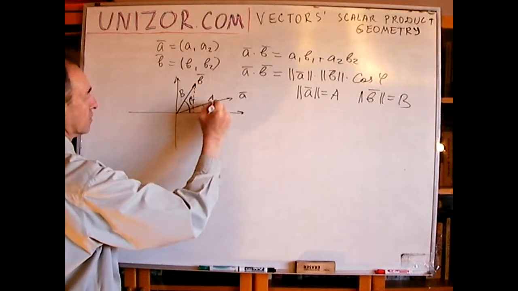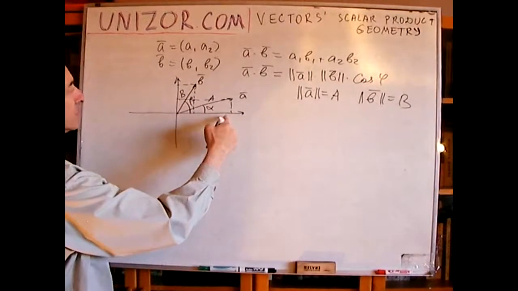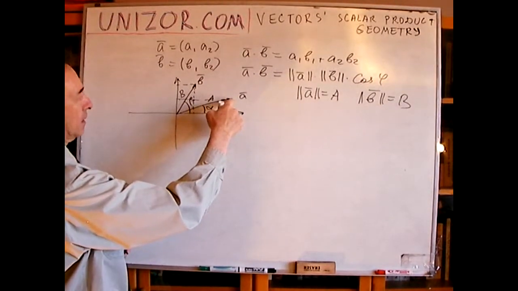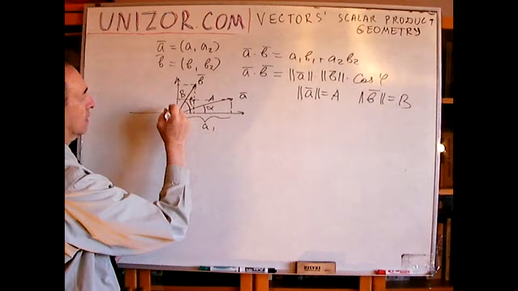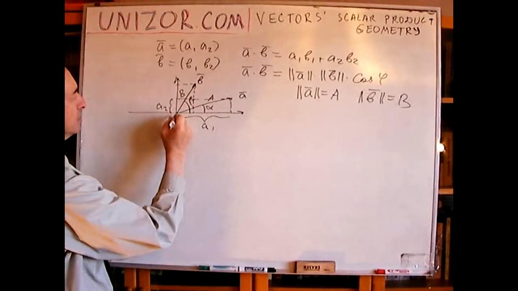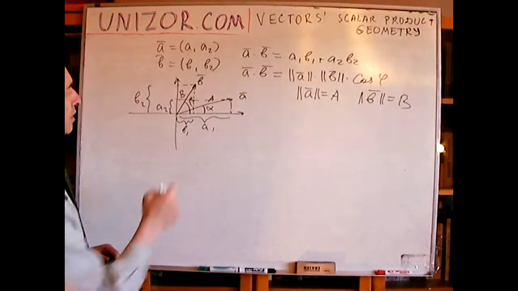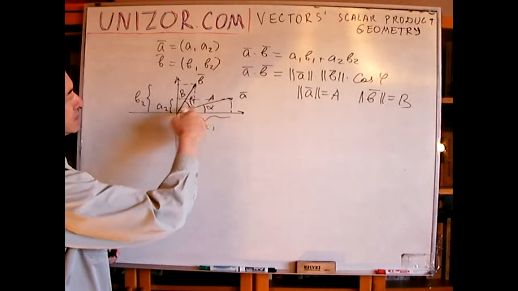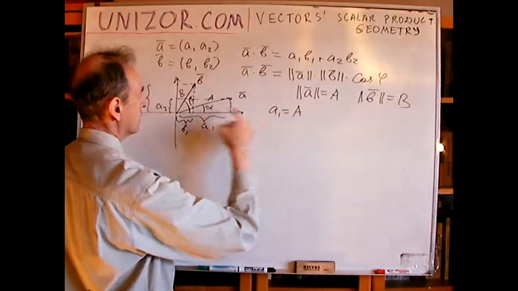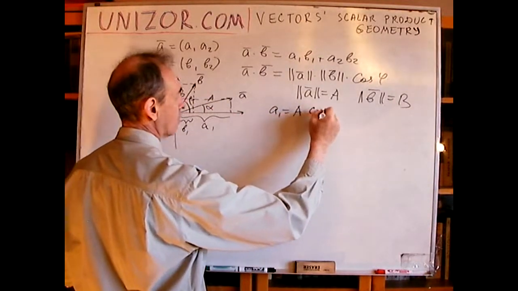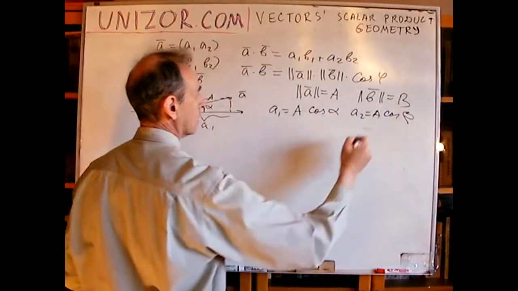If you drop the perpendiculars here, here, here, and here, basically you can express the coordinates. This is A1 and this is A2. For B, this is B1 and this is B2. So I can use the hypotenuse of this right triangle to find A1 equals A, the length of the hypotenuse, times cosine of alpha, and A2 is equal to A sine of alpha.